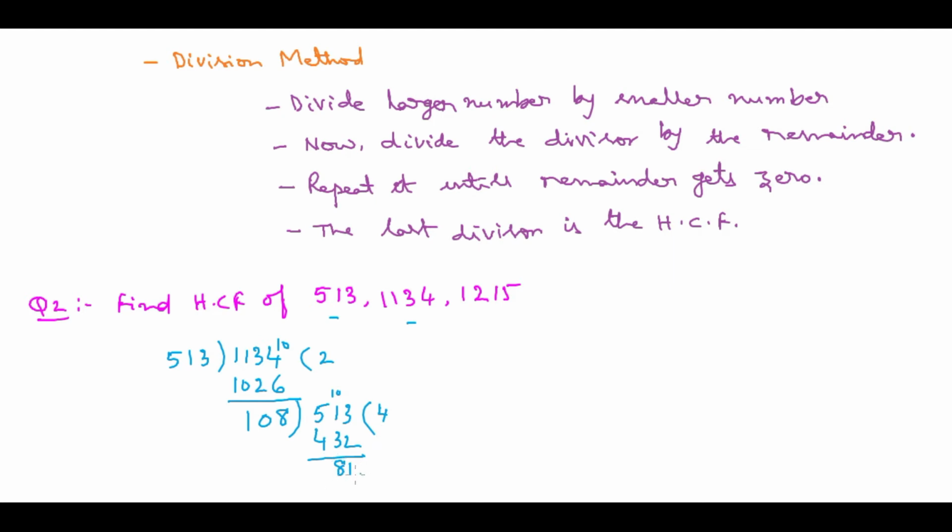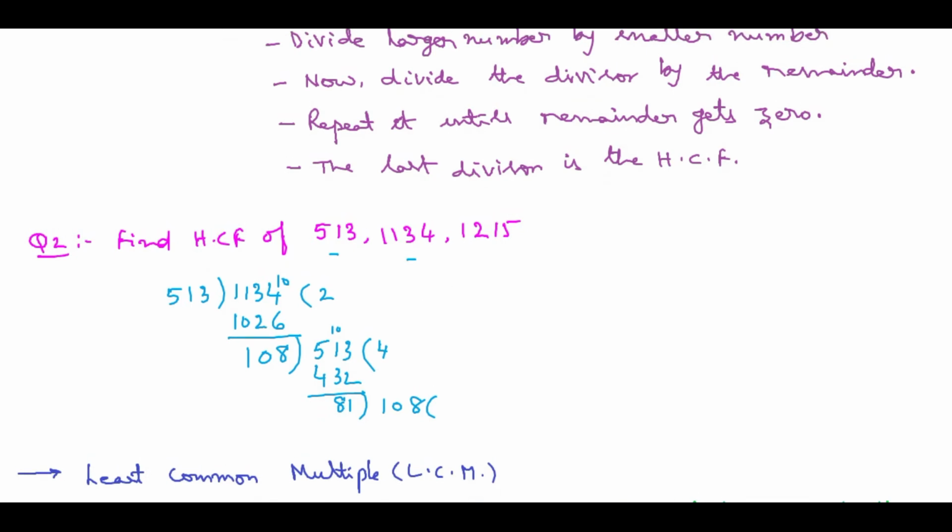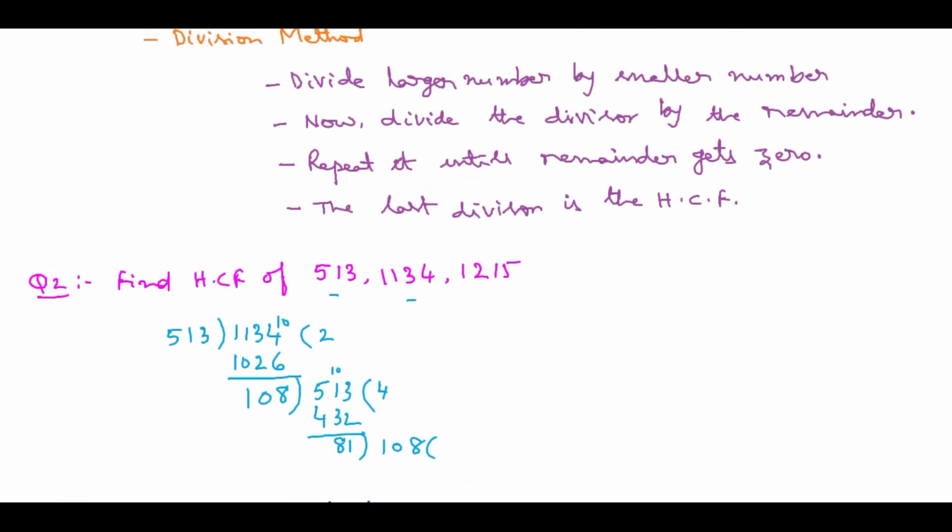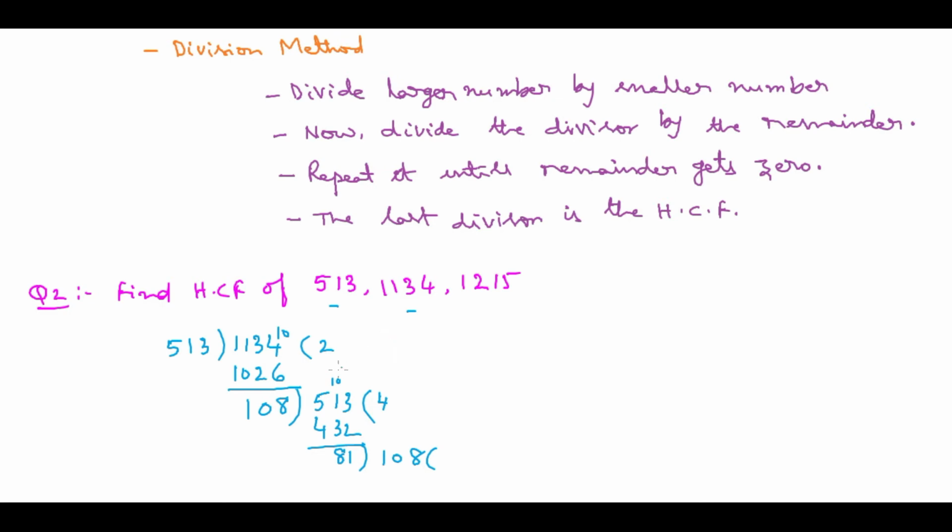Now how can we go forward? Now it will be 108 divided by 81. How many times will it go? Only one time. So the remainder is 27.